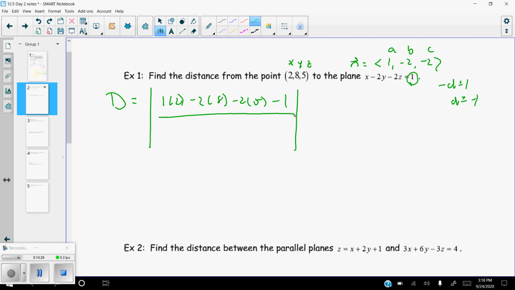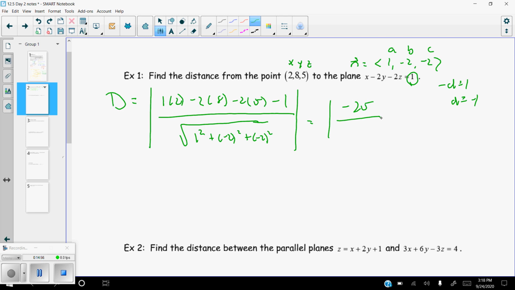And then, really the easier part is the square root part. So we get the square root of 1 squared plus negative 2 squared plus negative 2 squared. And then we'll simplify. So we're going to get 2 minus 16, so that's negative 14, minus 10 is negative 24, minus 1 more is negative 25.